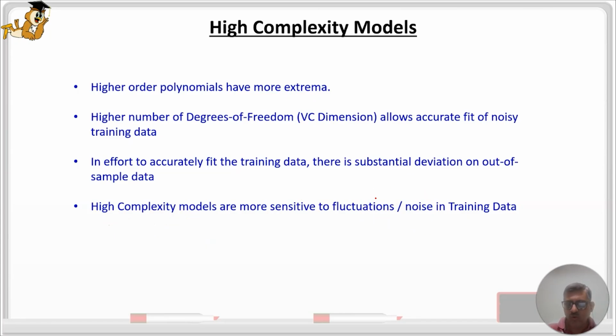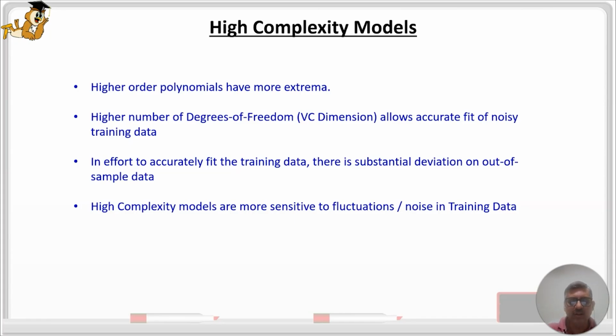So let us go over these points once again, because these are an attempt to explain to you why the variance of more complex hypothesis sets is higher. I am taking the examples of polynomials because we saw the polynomials on the previous slides. But higher order polynomials are a way to imagine higher complexity hypothesis sets.